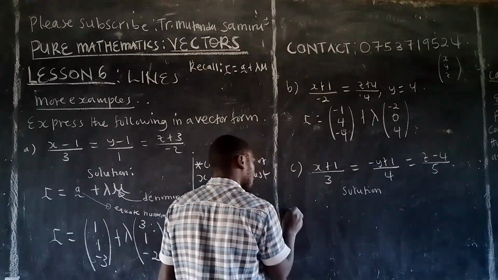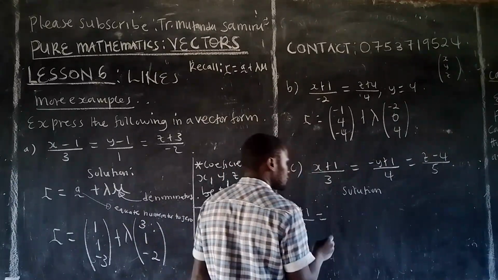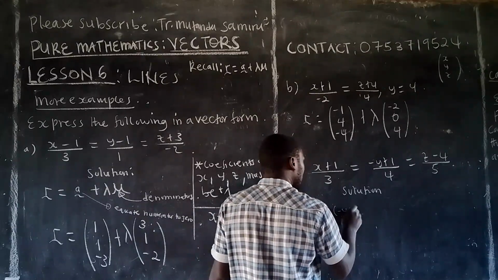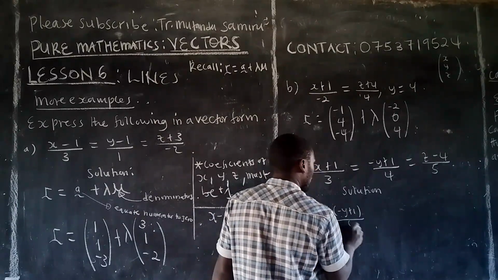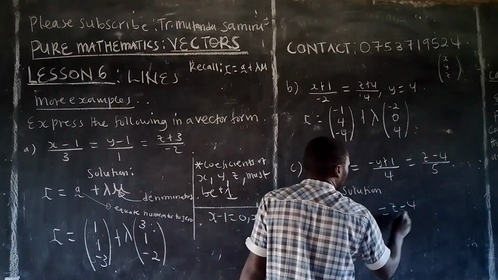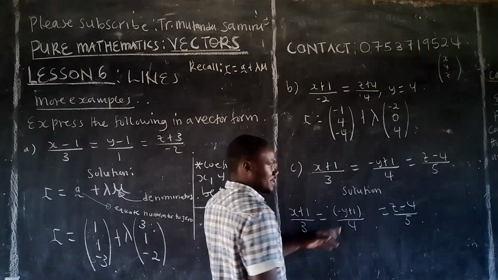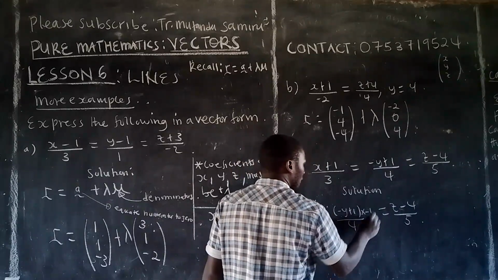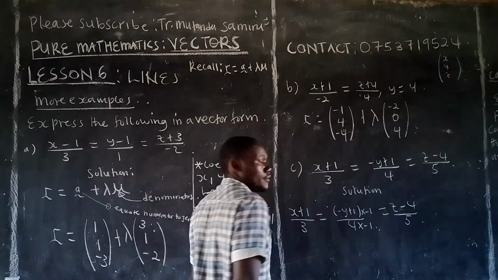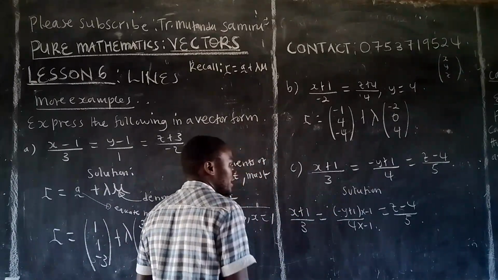So this will be x plus 1 over 3 is equal to, I'll put it in brackets, negative 1 times y plus 1 over 4, equal to z minus 4 over 5. Now, to remove this negative, you multiply by negative 1 up and negative 1 down, in order for it to become positive.